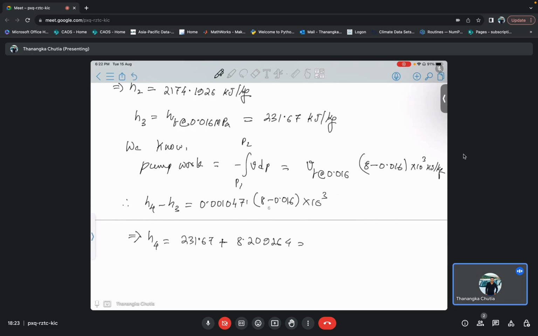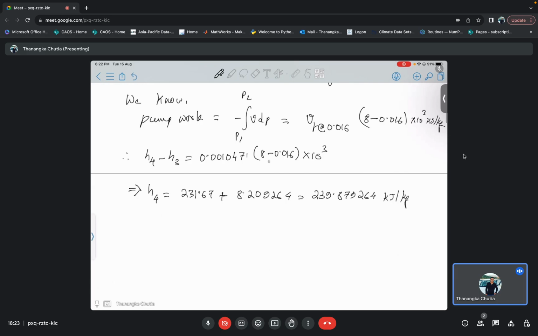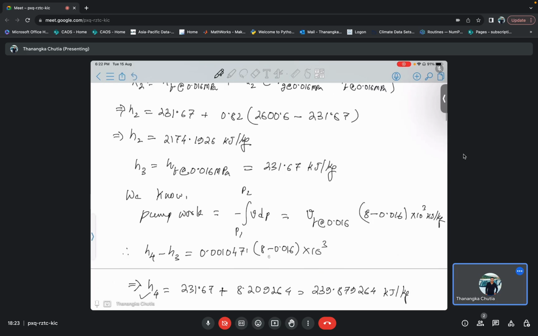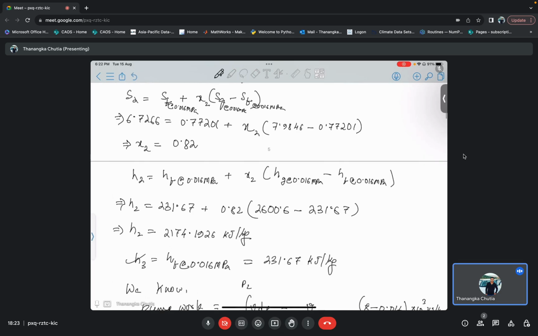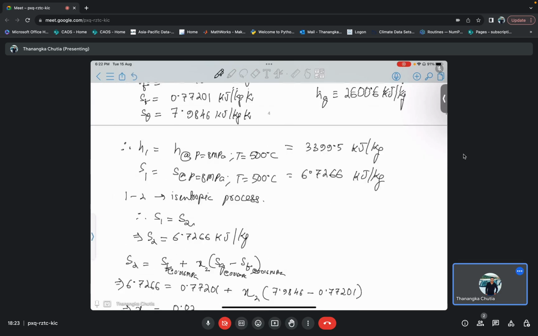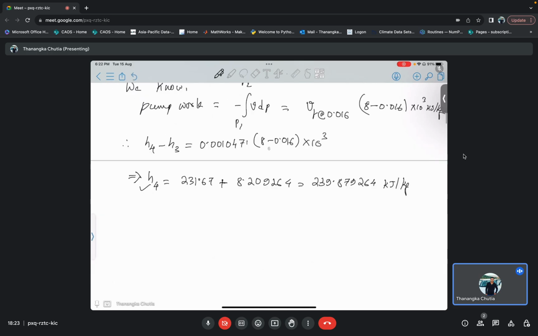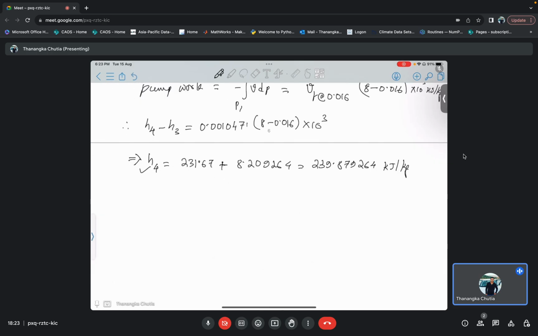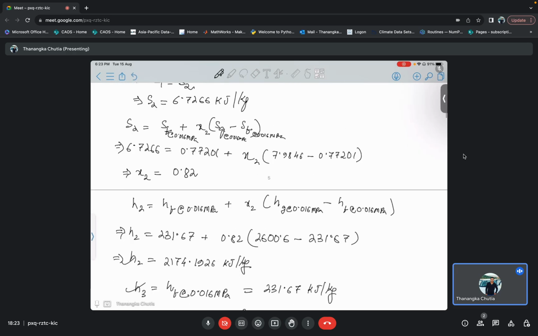So this one you will get as 239.879264 kilojoule per kg. So what are the values we have now? We have H4, H3, H2, and also H1. So we have got the enthalpies at all the points. Basically, we have to calculate the enthalpies at all the points, then thereafter we can do all the different types of questions.